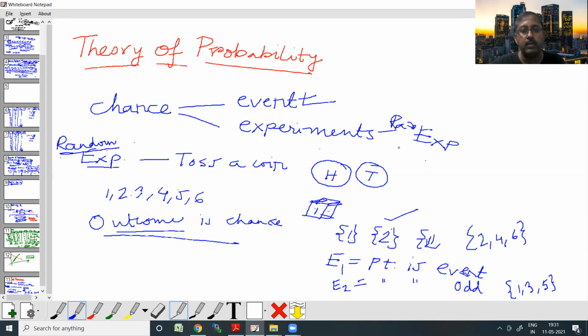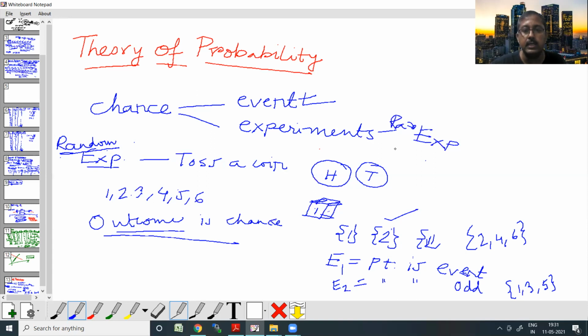What is the outcome? When you are doing an experiment, when you are taking a particular action like tossing a coin, the result of conducting that experiment is called the outcome. And what is an event? A combination of multiple outcomes, right?